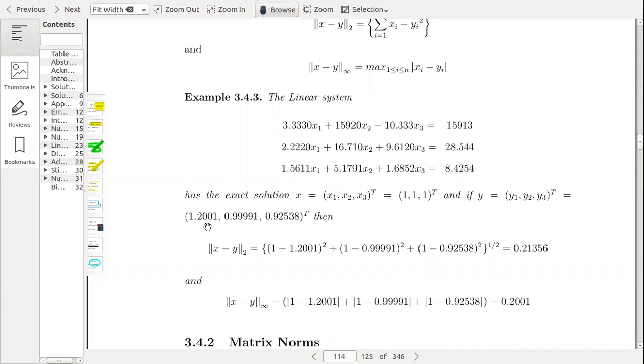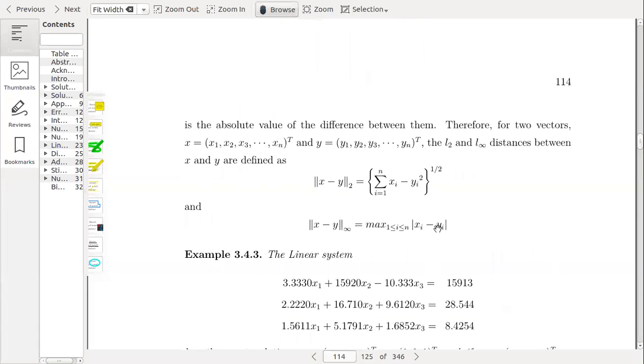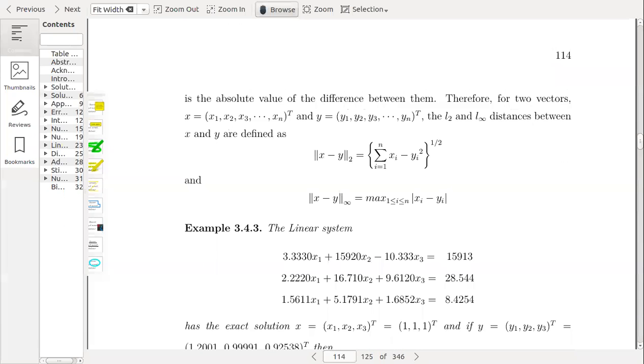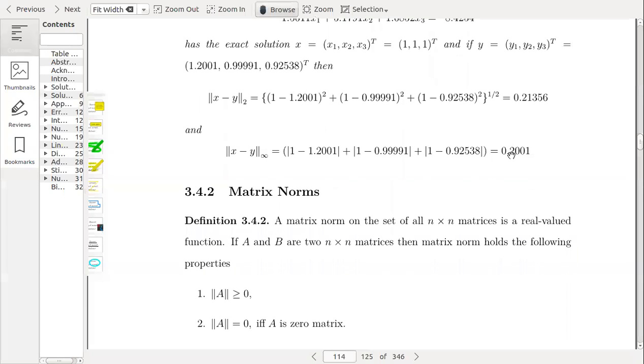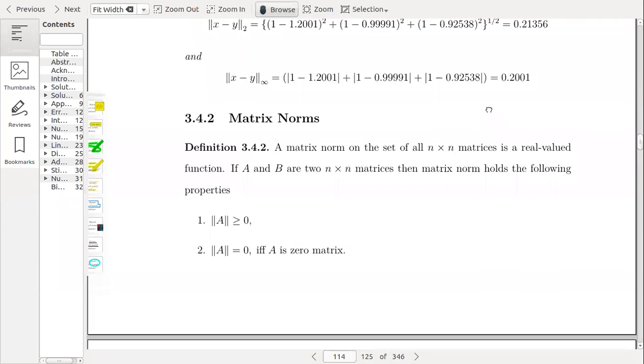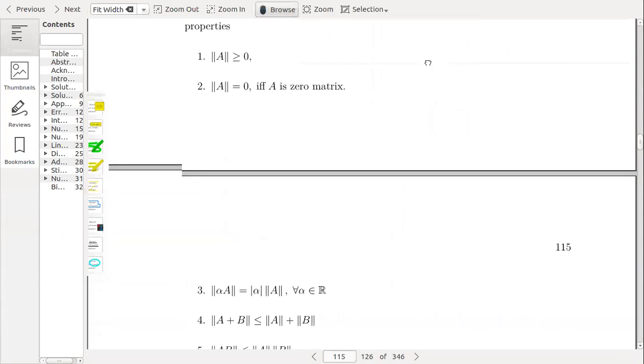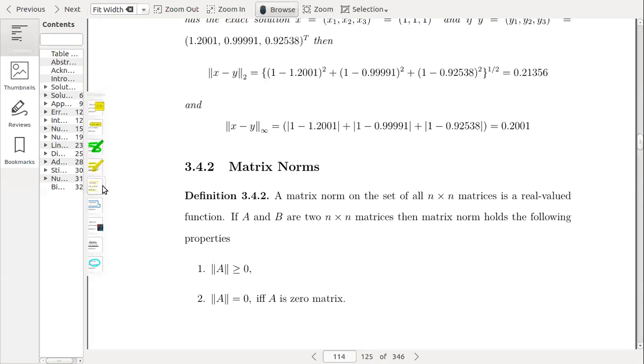So 1 minus 1.2001, 1 minus 0.9991, and 1 minus 0.9253. So here we will get the distance between the two vectors, which is 0.2001.